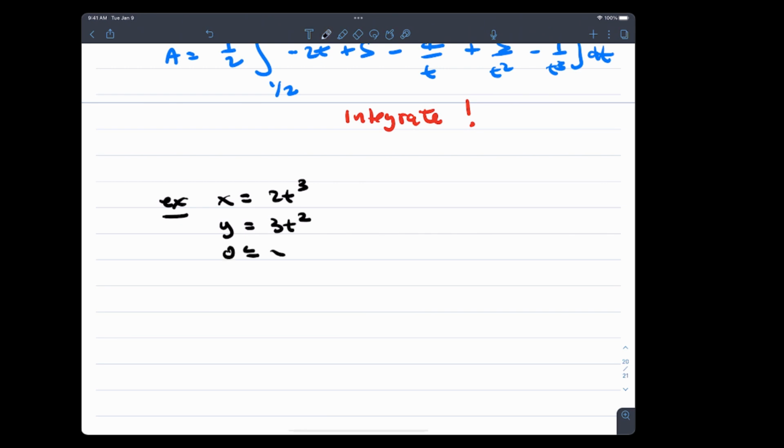And we're going to look for t to be 0 to 1. Okay, you're going to rotate about the x-axis. Determine your surface area.